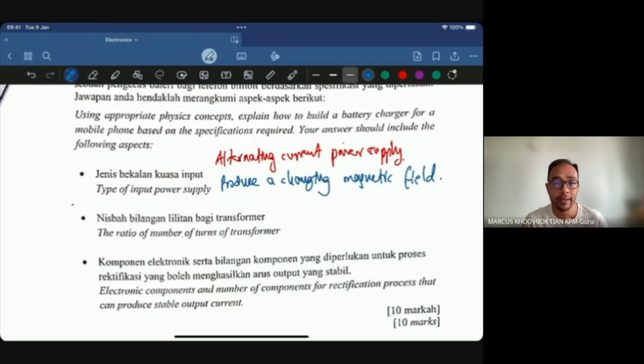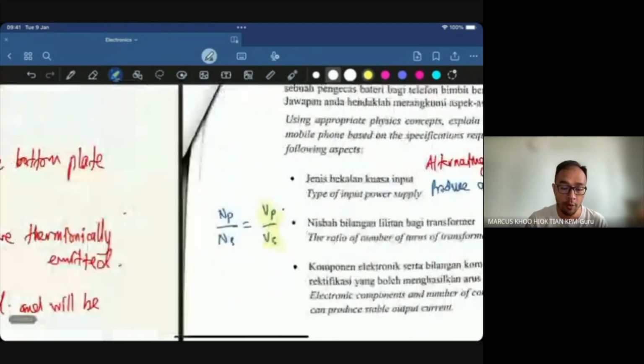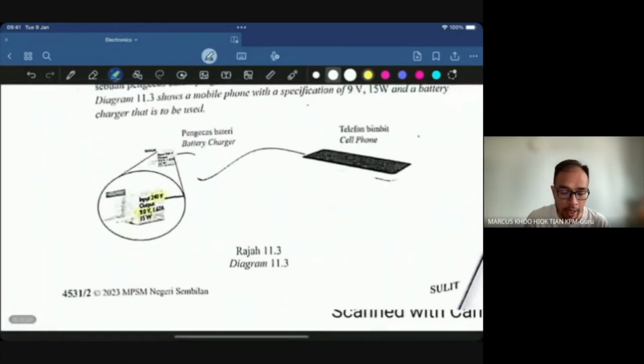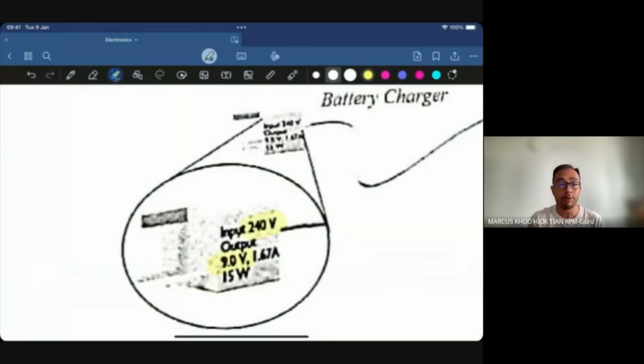Okay, the ratio of the number of turns. If you remember the transformer formula, the primary coil over the secondary coil equals the primary voltage over the secondary voltage. So the ratio has to be the same as the primary voltage over the secondary voltage, which is why in the question just now I said the only two important pieces of information are 240 and 9.